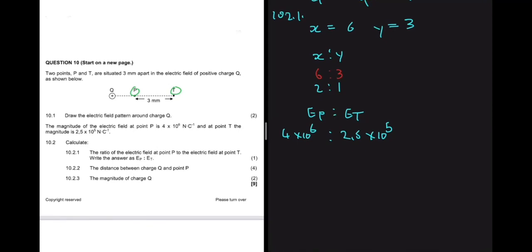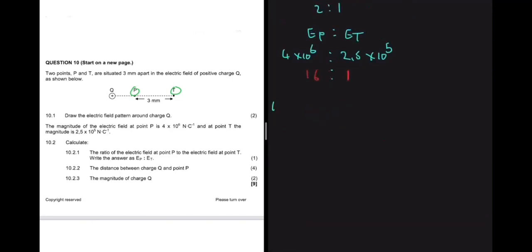Clearly, between 4 times 10 to the 6 and 2.5 times 10 to the 5, 2.5 times 10 to the 5 is the smallest one. So we're going to divide by 2.5 times 10 to the 5 on both sides. On the right hand side, we are essentially dividing it by itself, so we should get 1. And then 4 times 10 to the 6 divided by 2.5 times 10 to the 5 should give you 16. So EP is to ET has a ratio of 16 is to 1.